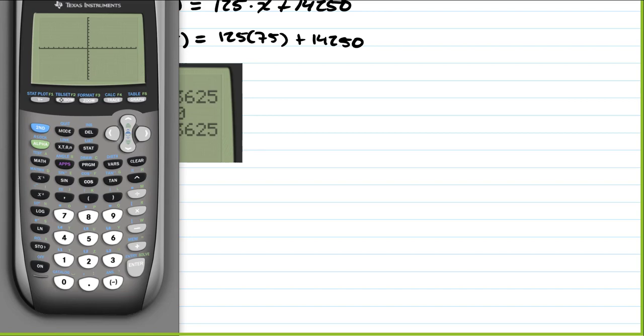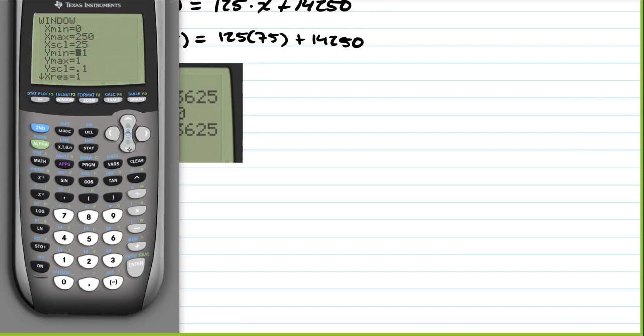So next to our y equals button, we have a window button. We press that. Since we can't manufacture negative laptops, let's make our x min 0. And let's make our x max a little bit larger. We manufactured 75 in the previous one. So to give ourselves a little bit more room, let's put it all the way up to, say, 250. And instead of scaling our axis in ones, let's go ahead and scale our x values in 25.